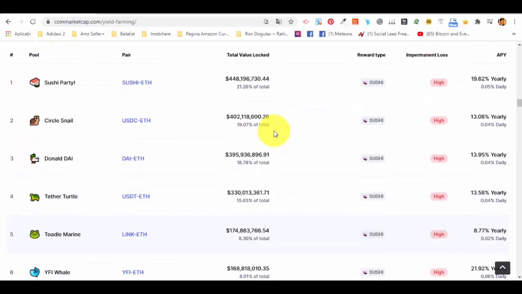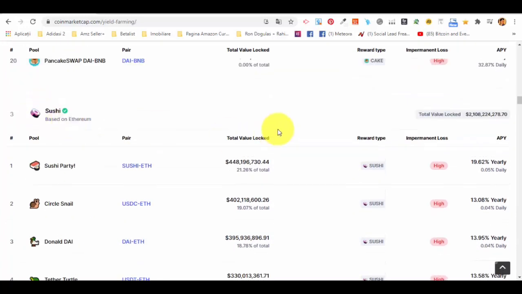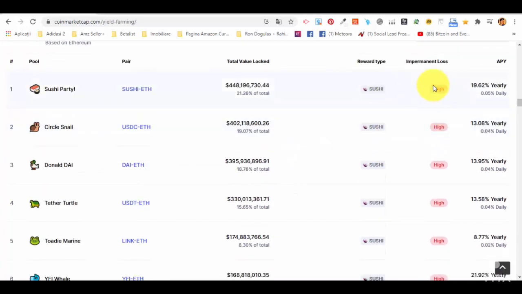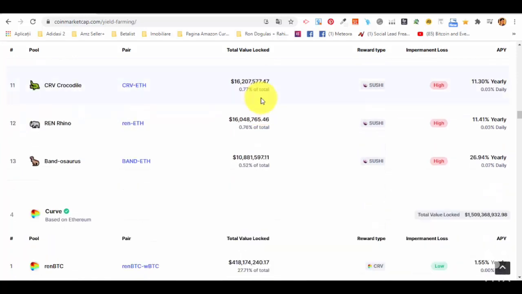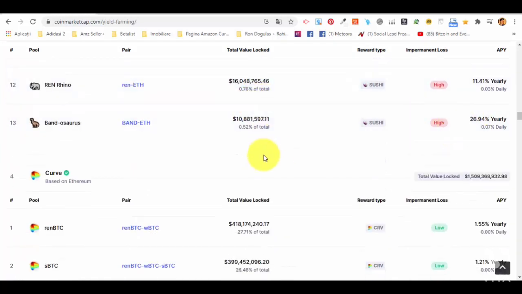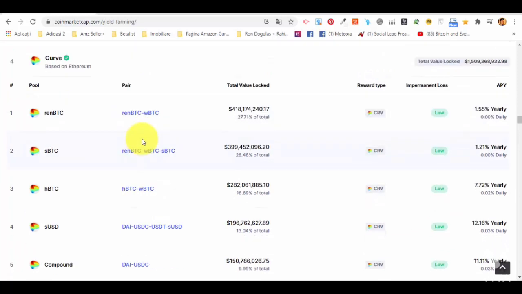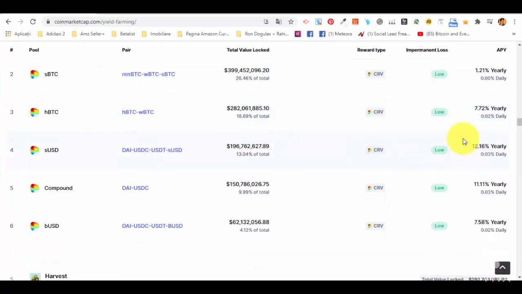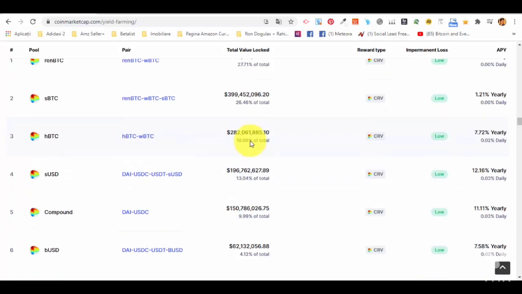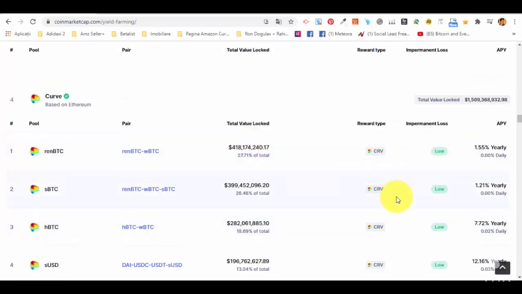let's see what others we have. Sushi, okay. High risk for Sushi. Then we have Curve, and we can see that Curve has low impermanent loss rates.